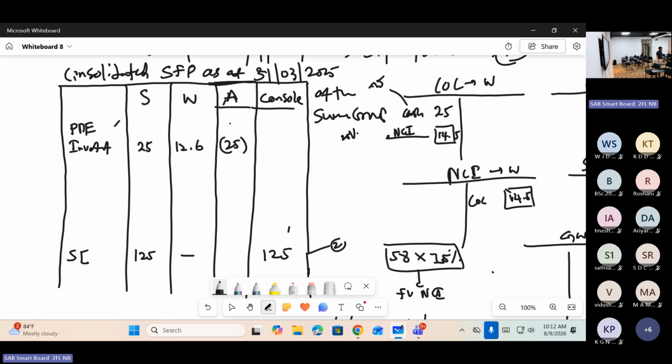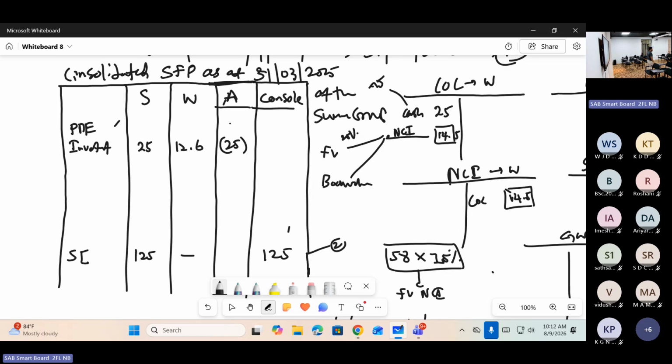Why are we using the fair value of NCI? මෙතන use කරන්නේ fair value ද නැද්ද කියන එක මත. Fair value නම් full goodwill. Book value නම් proportionate. Right? Here the question clearly says we are using which method? Full goodwill method. Goodwill can be calculated based on two different methods.